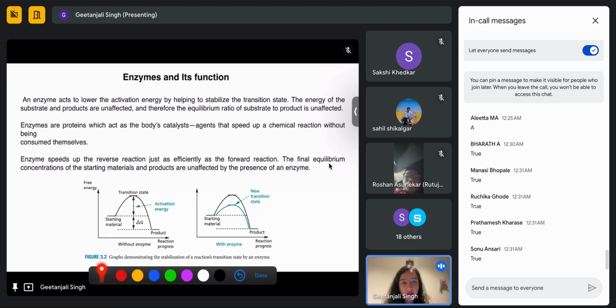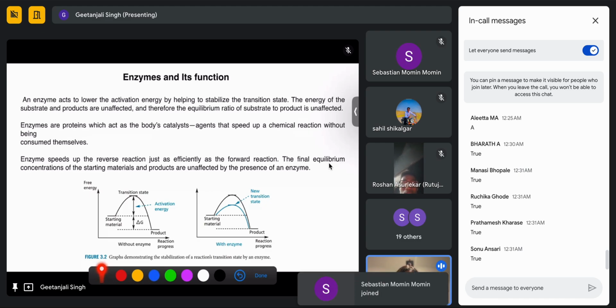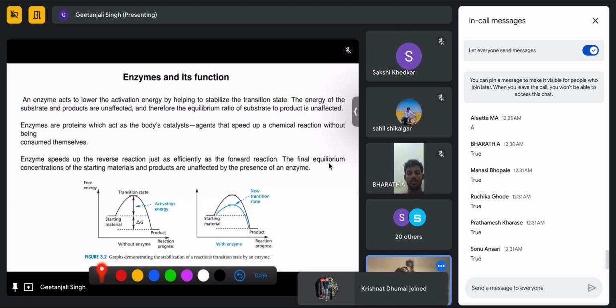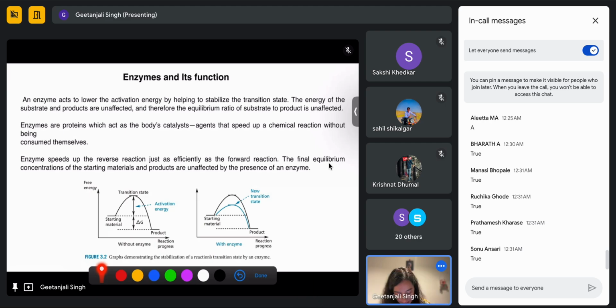Now let's see the graph here. This graph is very important. This is the free energy, and without enzyme what happens is the starting material and the product, the product form is favored.